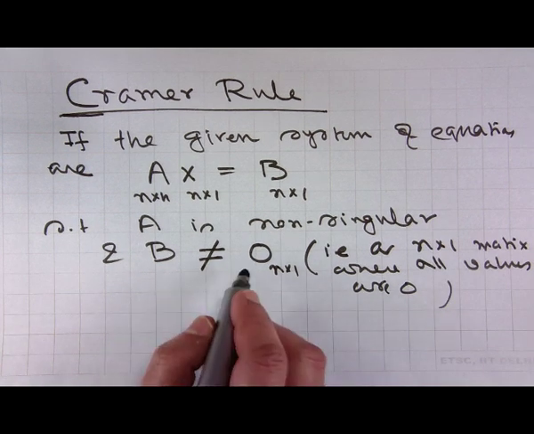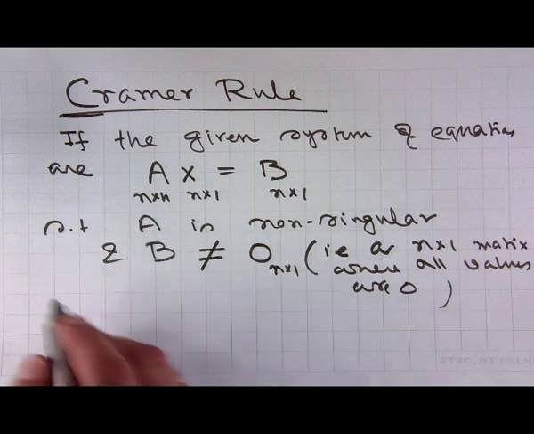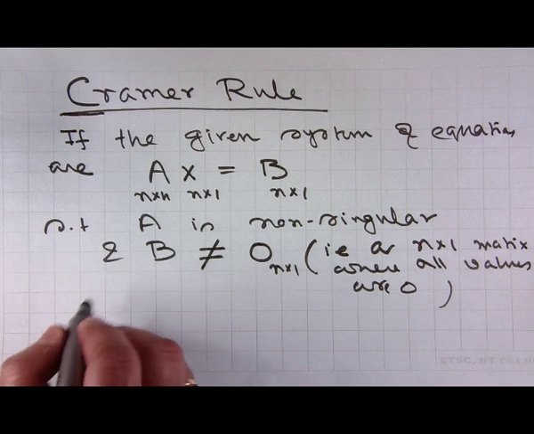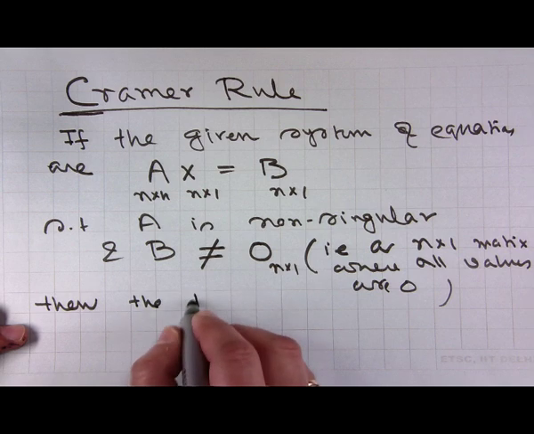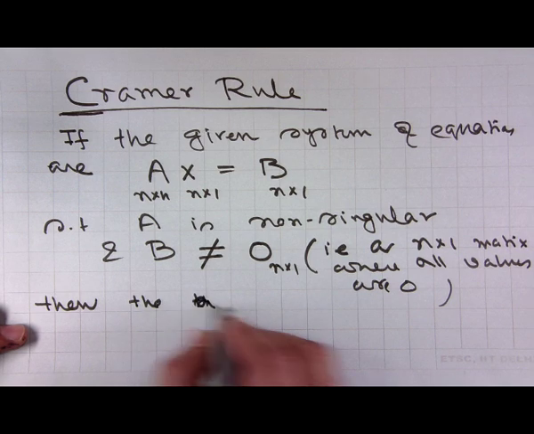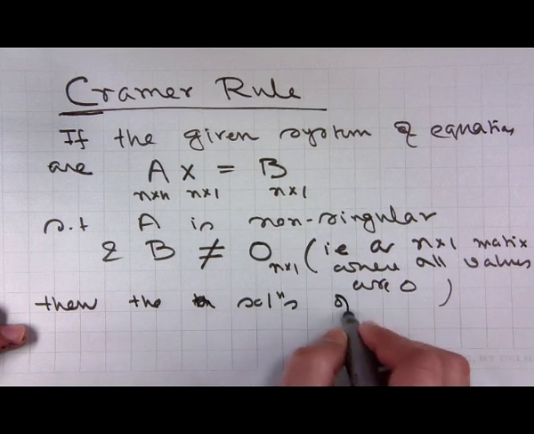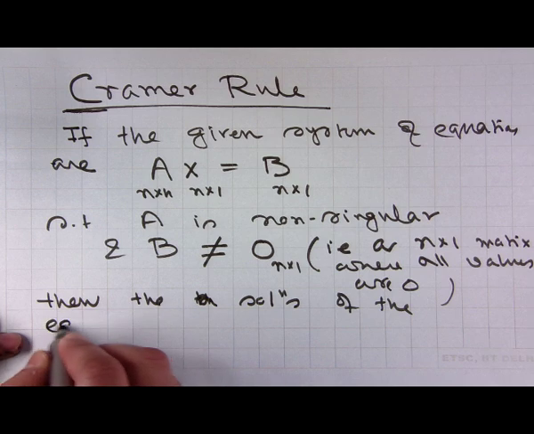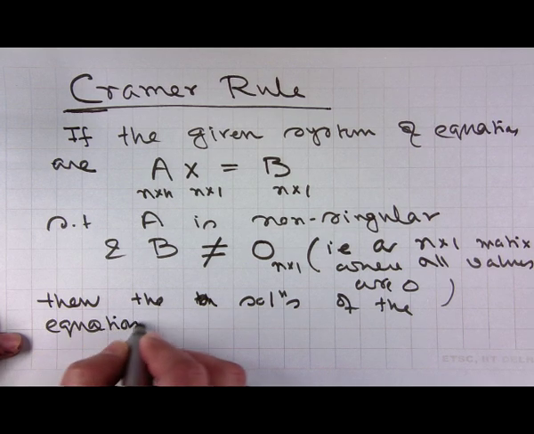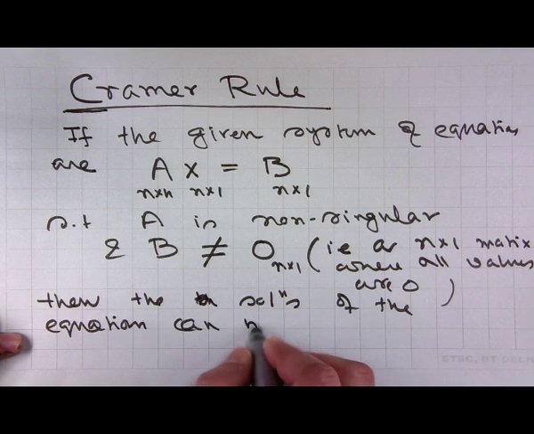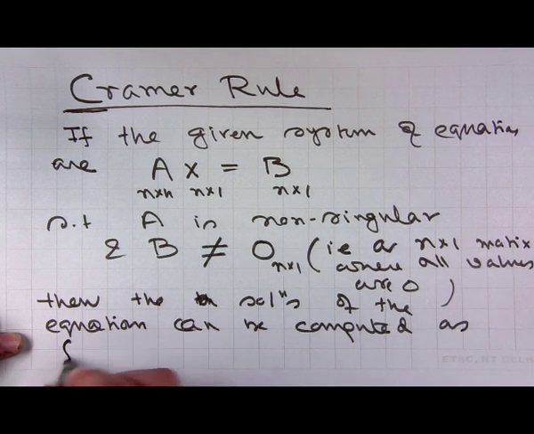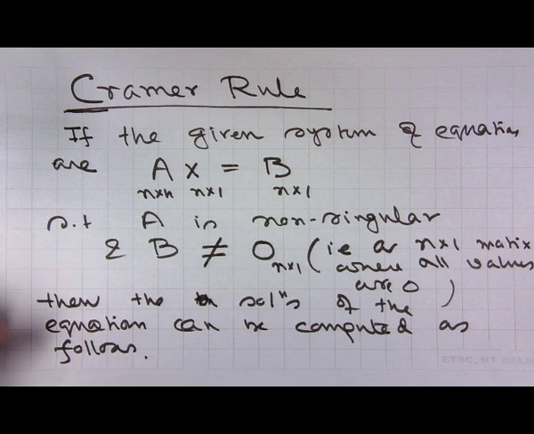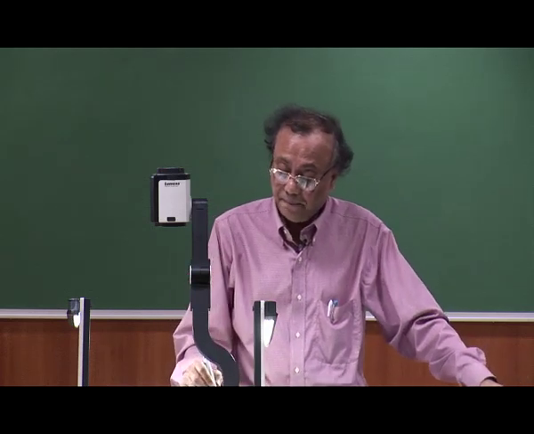So, if B is not a 0 vector and A is non-singular, then the solutions of the three equations can be computed as follows. Let me illustrate with 3 by 3.